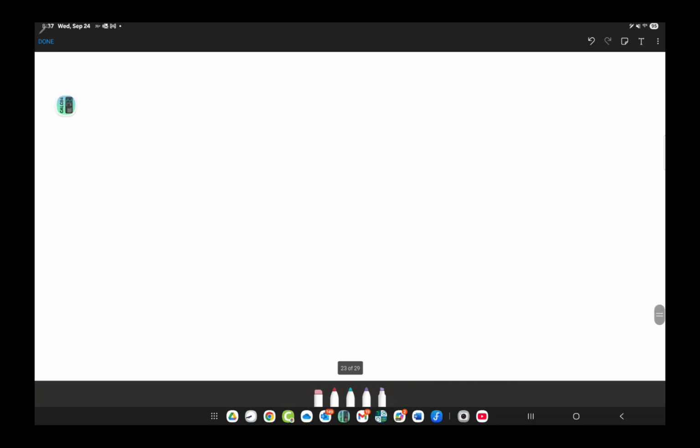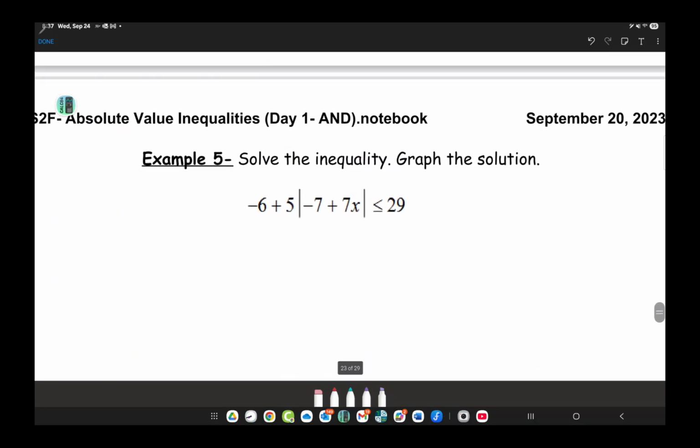Now, before we can even separate, we do need to isolate the absolute value first. So yeah, this is the hard stuff.